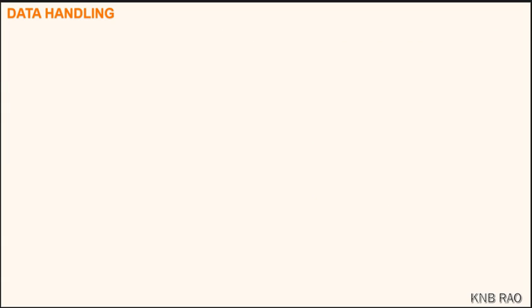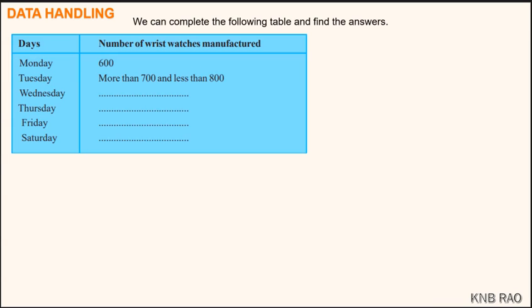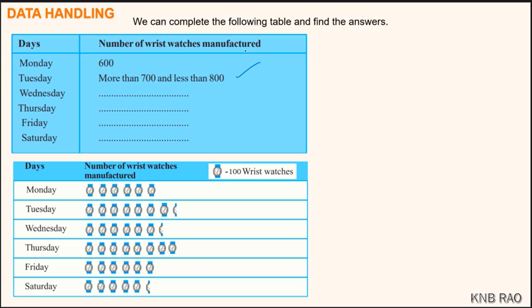Now students, we can complete the following table like this. You can say 600 watches are produced on Monday, on Tuesday 700 to 800, maybe a little more than 700, less than 800. Like this, by looking at this table or pictograph, you can fill this table and finally answer those questions.